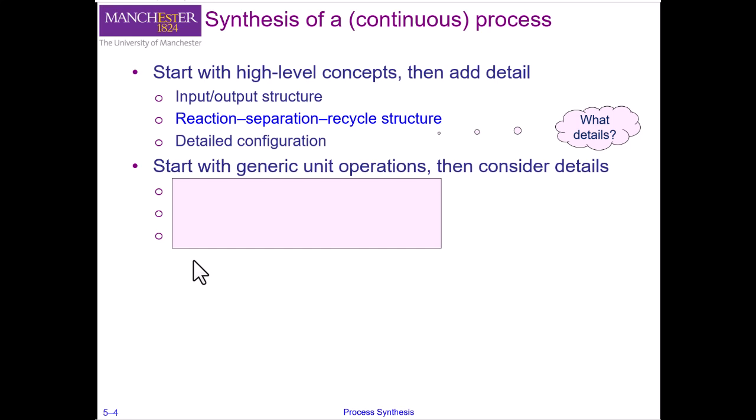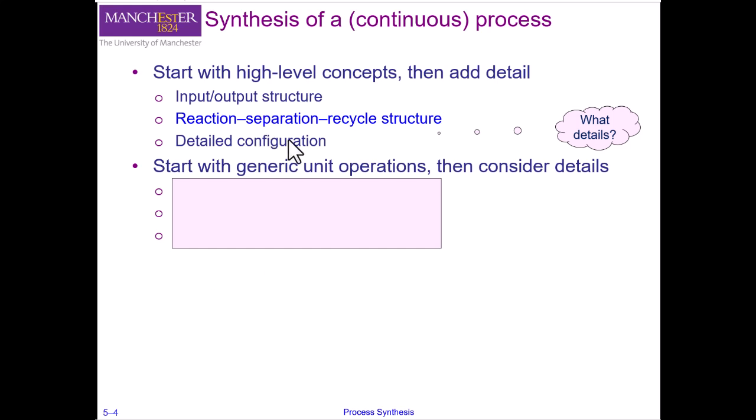In synthesizing recycle, we start at high level with little detail and gradually add detail and iteratively evaluate the flowsheet as it increases in detail and as the design decisions change.